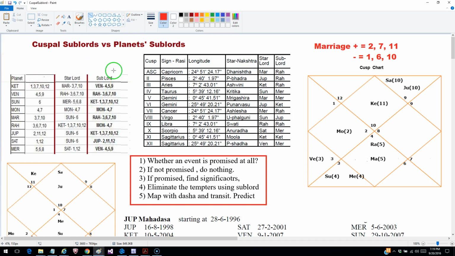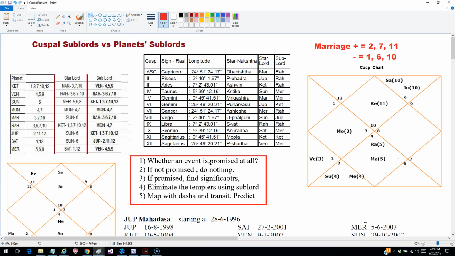So in KP, any question or aspect of a person's life is systematically tackled, and the first thing that we need to find out is whether a particular event is promised at all or not in a particular horoscope.